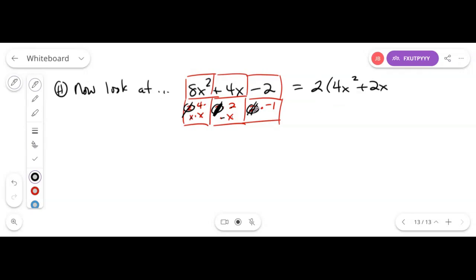If I take this 2 and divide it out, I'm left with negative 1. 2 times 4x squared plus 2x minus 1 is 8x squared plus 4x, 2 times negative 1, negative 2. You can check every single problem.